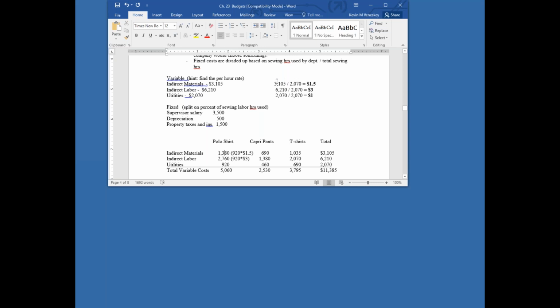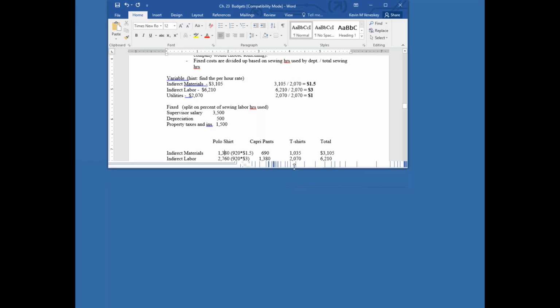So out of the $3,105, they should get this much in cost: Capri pants, $690. T-shirts, $1,035. Go ahead and do that now for the other 2 items, and then let's check your answer. Hit pause at this point and see if you can get the indirect labor and the utilities for the variable costs.